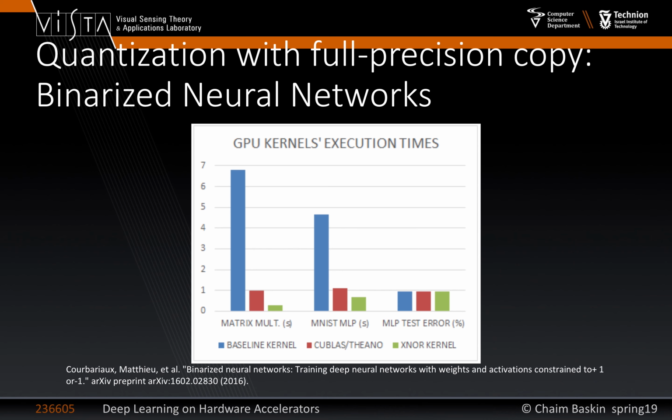As we can see, the baseline is the baseline matrix multiplication, and when we use cuBLAS, it's the inherent function. We can dramatically reduce the time we need for computation on binary, quantized parameters.